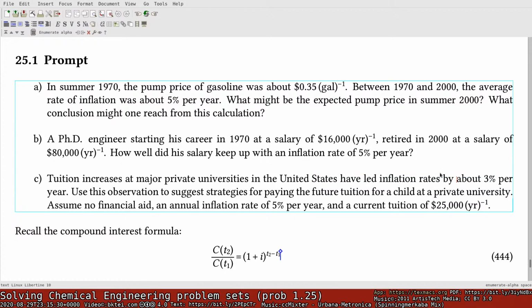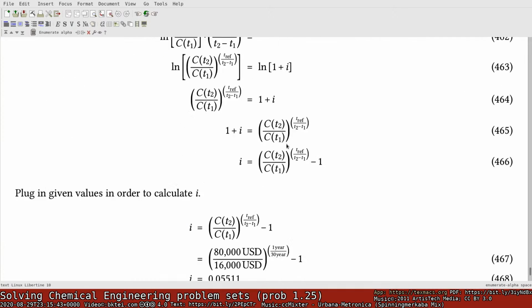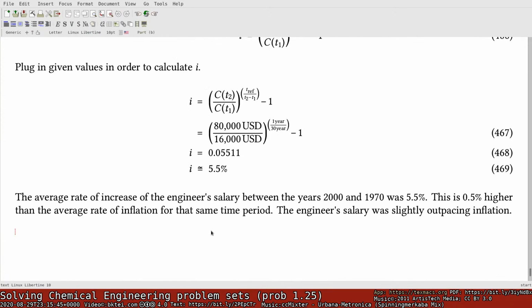Tuition has led inflation rates by about 3%. So tuition rates are 8%? I'm pretty sure it's a lot higher, but all right.